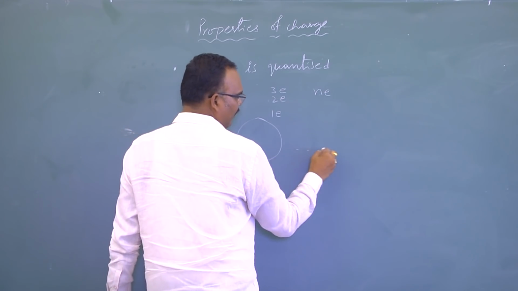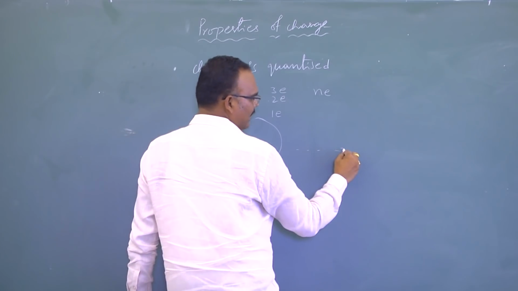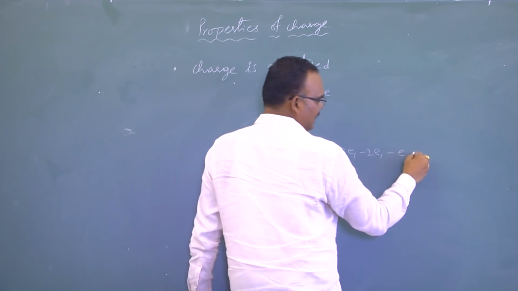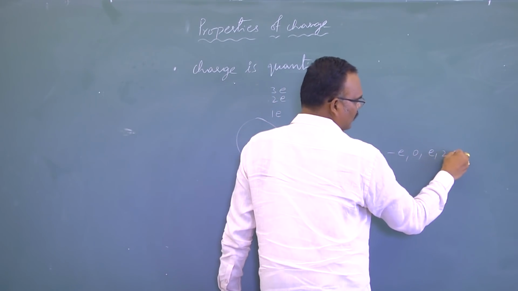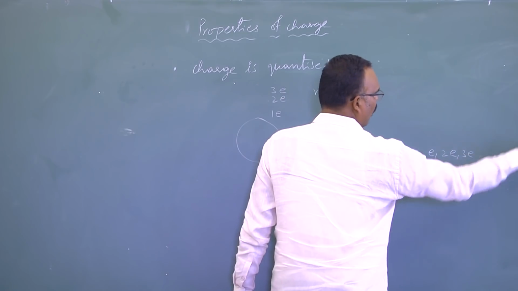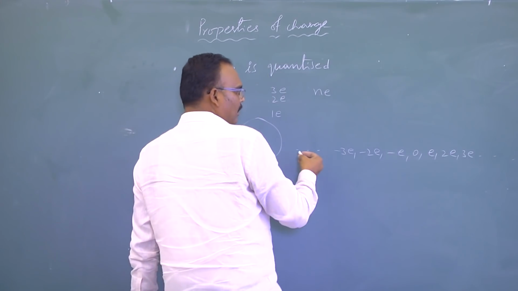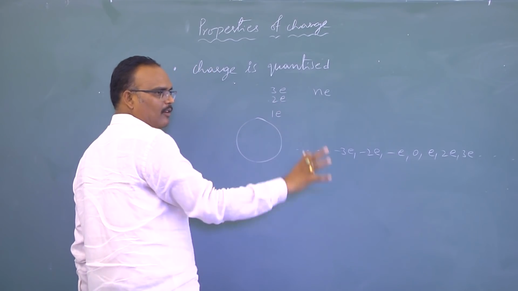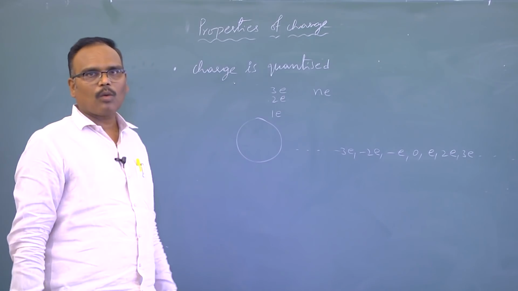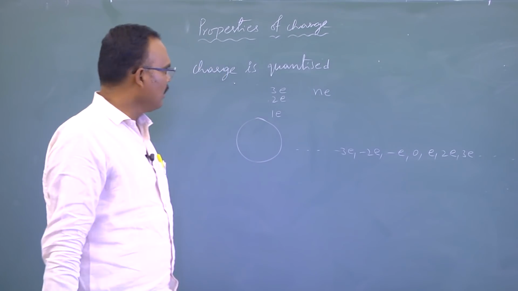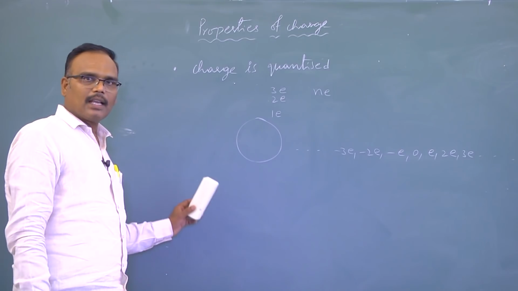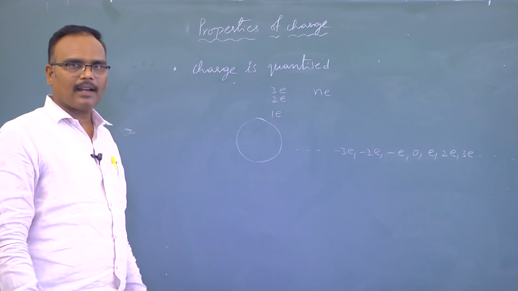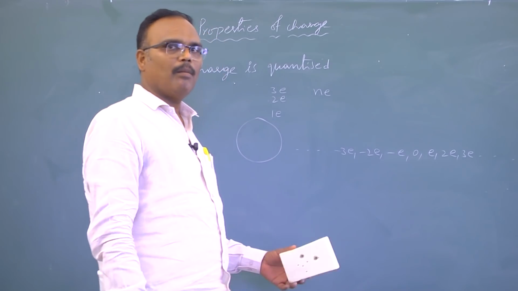It may consist of positive or negative, both are possible. That means from negative infinity to -3e, -2e, -e, 0, e, 2e, 3e, and so on up to infinity. The charge possessed by any body is an integral multiple of the charge of the electron, which is called quantization of charge. This quantization of charge was first proposed by Faraday and later experimentally proved by Millikan.